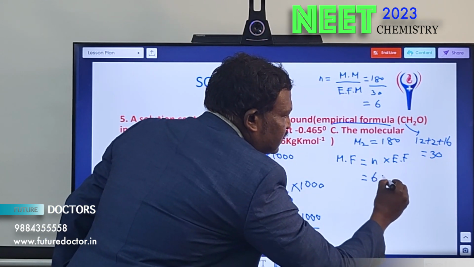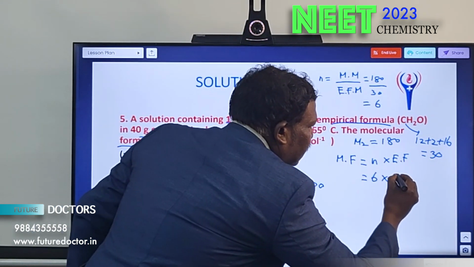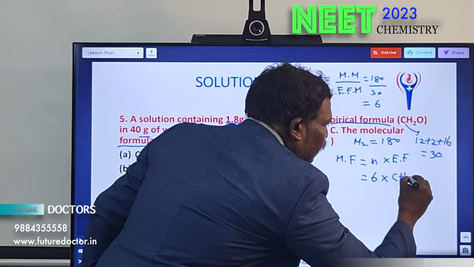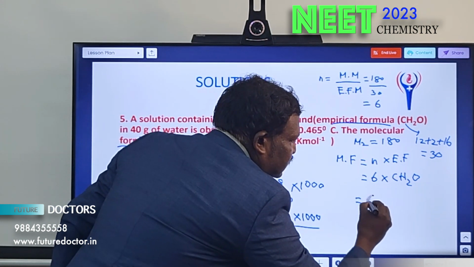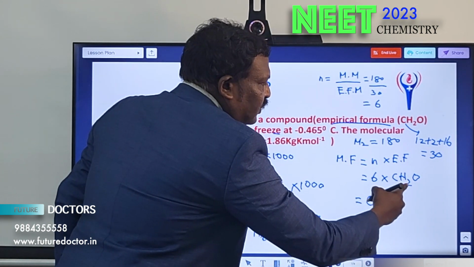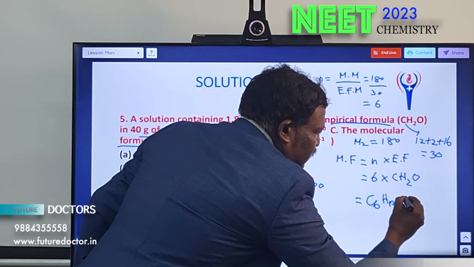Substitute that 6 here. 6 into the empirical formula CH2O. Carbon is 6 times, so C6. Hydrogen has 2, so 6 into 2, 12 times. Oxygen is also 6 times.